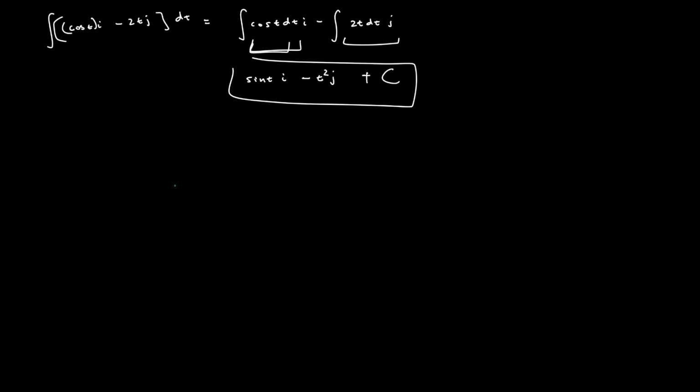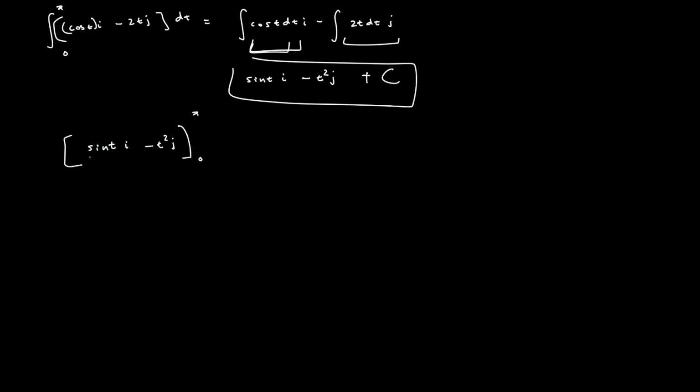Now, what if we wanted to evaluate that? What if this integral was just the same, but it was from 0 to pi? In that case, we already know that our antiderivative is sine t times i minus t squared times j, and now we're just evaluating that whole thing from 0 to pi.